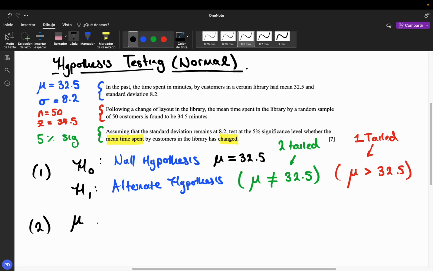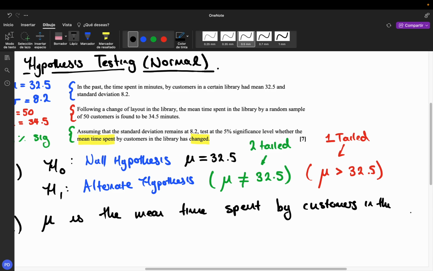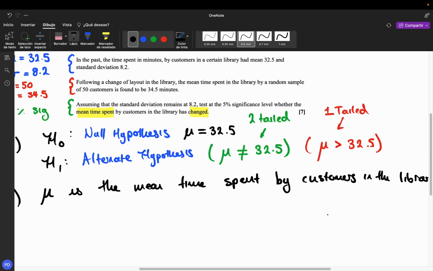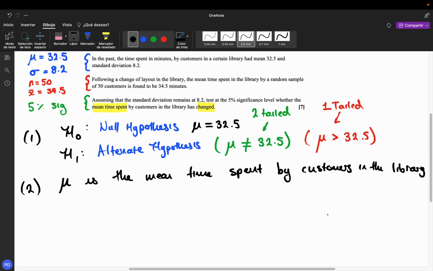So we need to write where mu is, in this case, the mean time spent by customers in the library. Great. That's the second thing we do. We say, okay, what is mu?